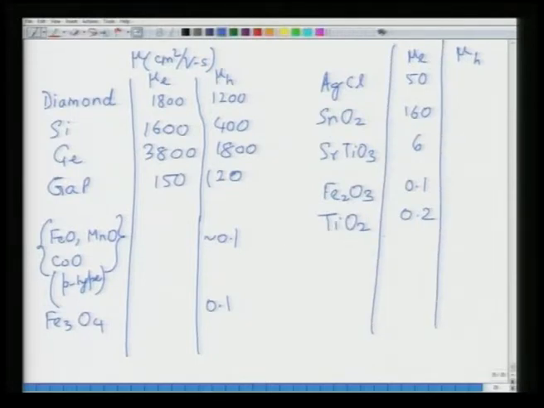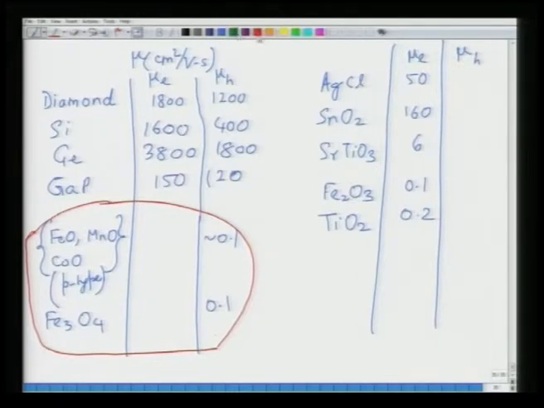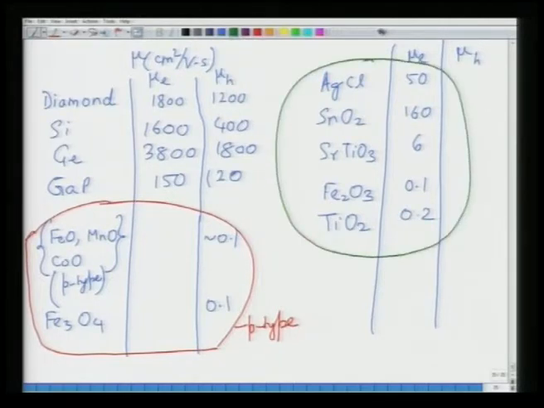So you basically have p type ionic solids, because here hole mobility dominates over the electronic mobility. The others are predominantly electronic transport materials, where electronic mobility dominates.